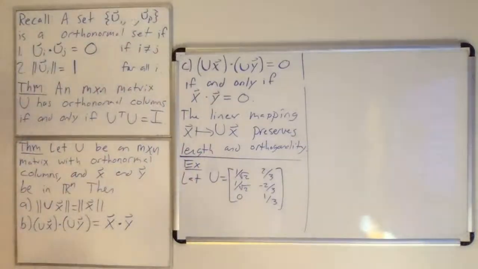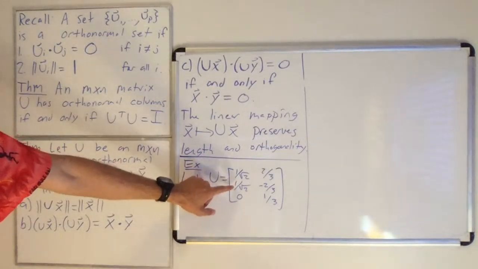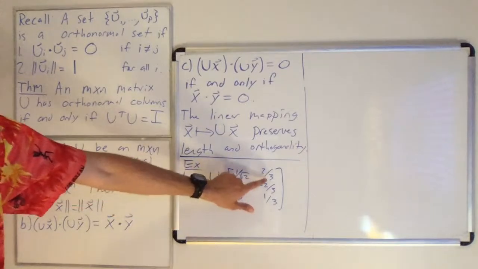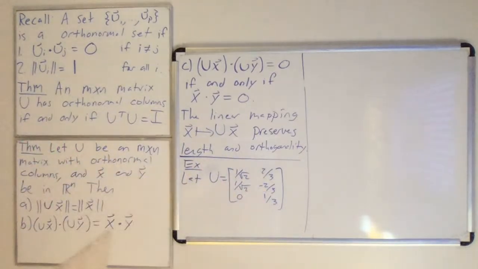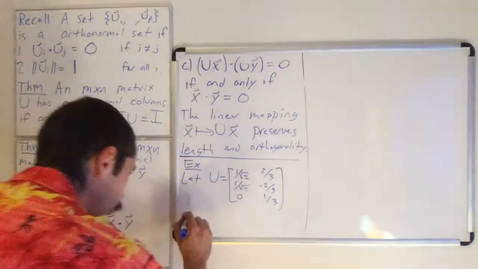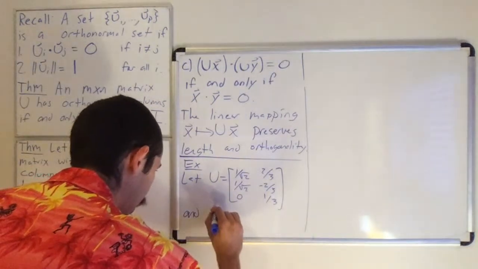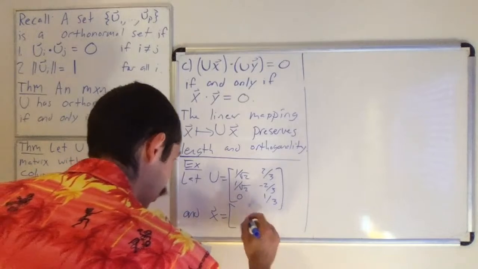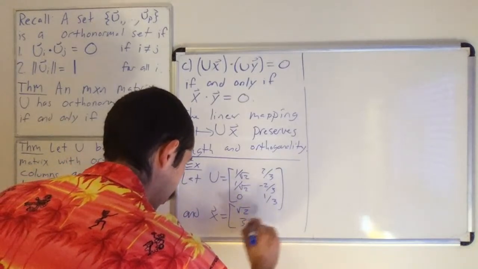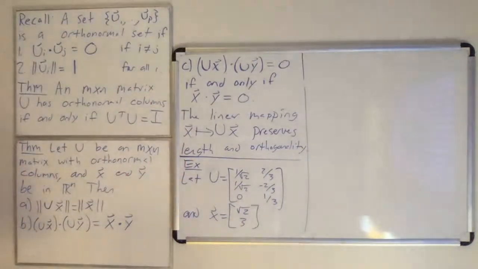Let U be the matrix 1 over root 2, 1 over root 2, 0, 2/3, negative 2/3, 1/3, and x be the vector square root of 2, 3.